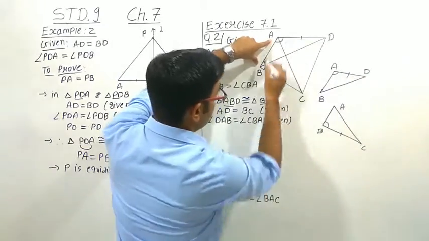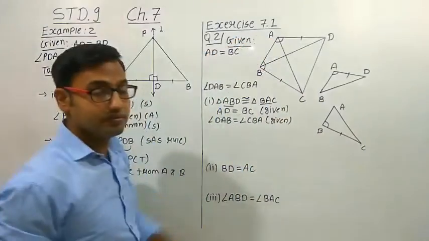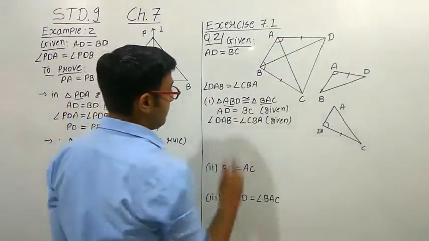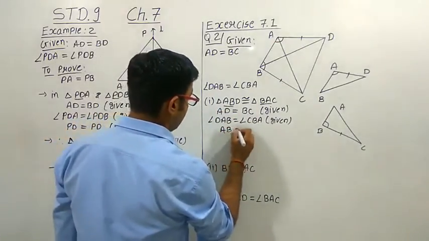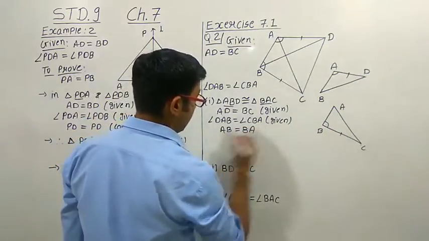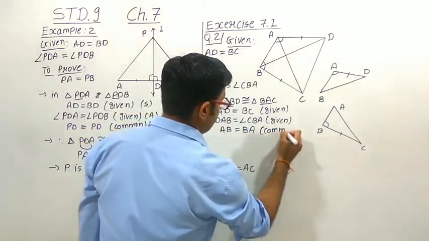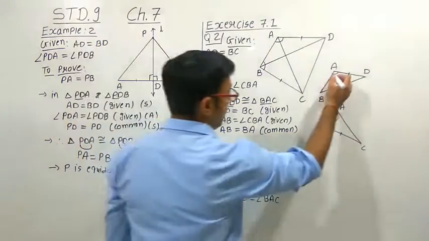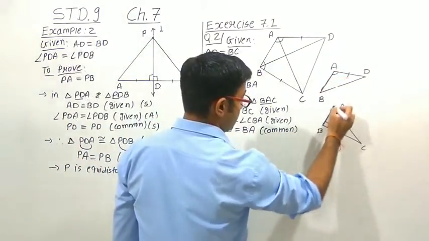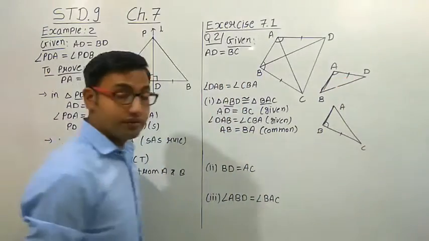If we consider ABC, AB side is there. So in both triangles ABD and BAC, AB side is there. Here we can write that AB is equal to BA, common. This side is common in both the triangles.